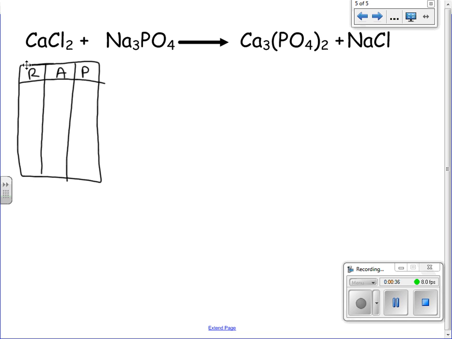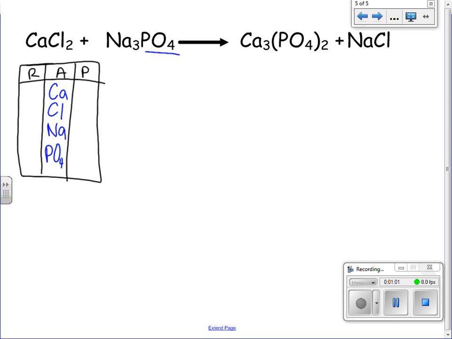And so we write down which elements, which atoms we're working with in that middle column. So we are working with calcium, Ca, chlorine, Cl, sodium, Na, and then PO4, phosphate. Okay, so notice that phosphate is a polyatomic ion.